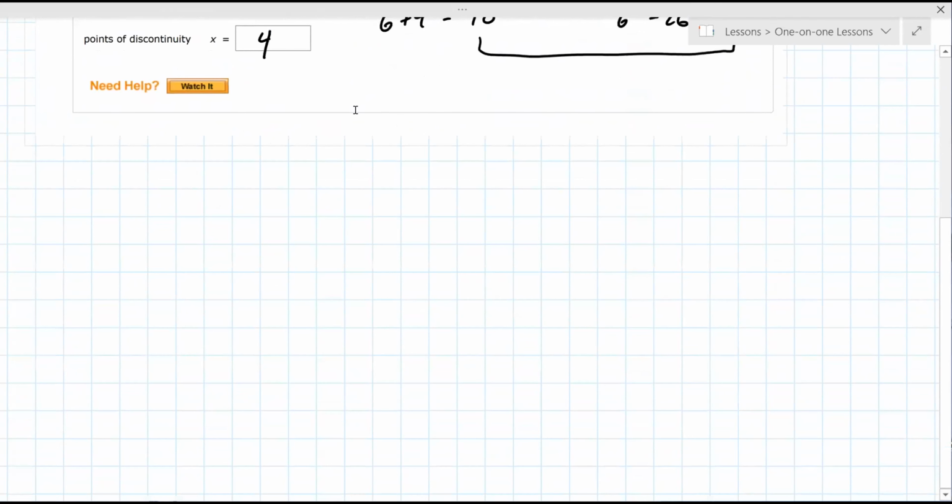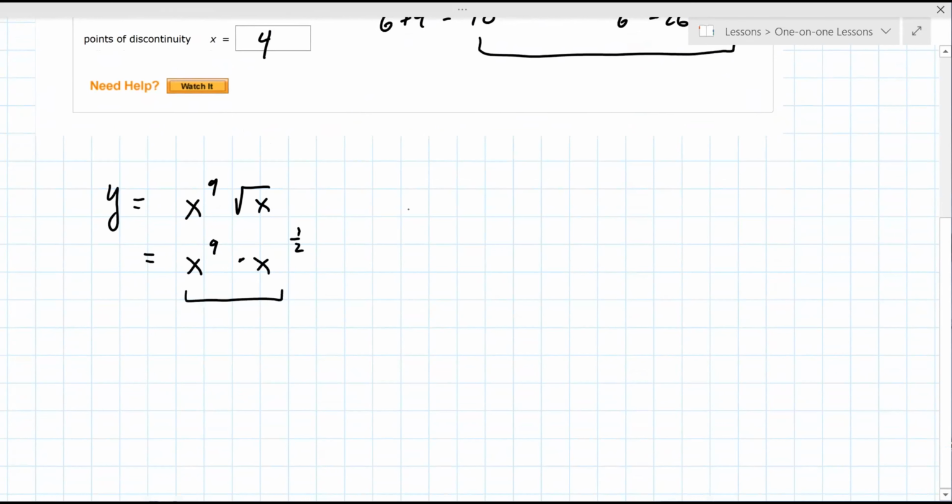Okay, let me rewrite it for my own sake here. x to the ninth, square root of x. Oh, I see. The mistake here is that you're supposed to actually simplify this from the beginning.